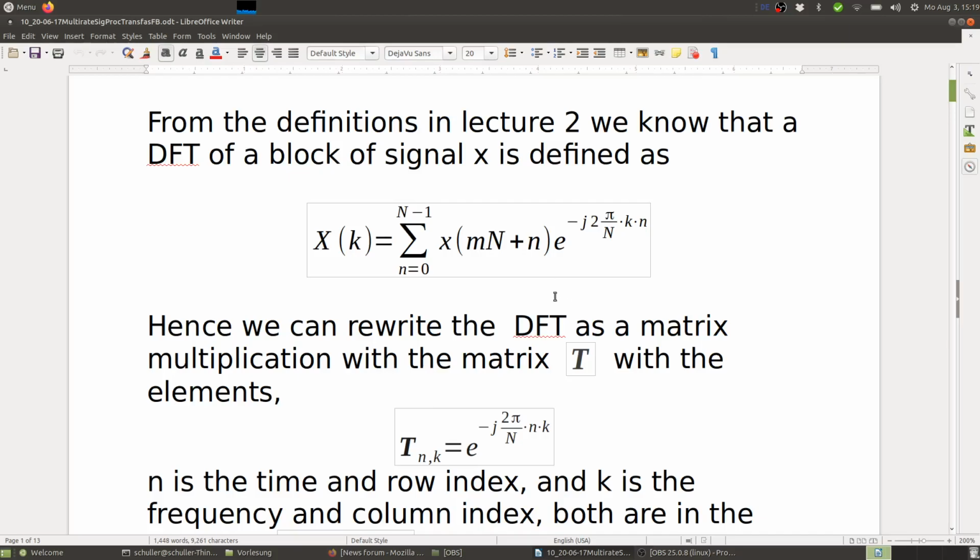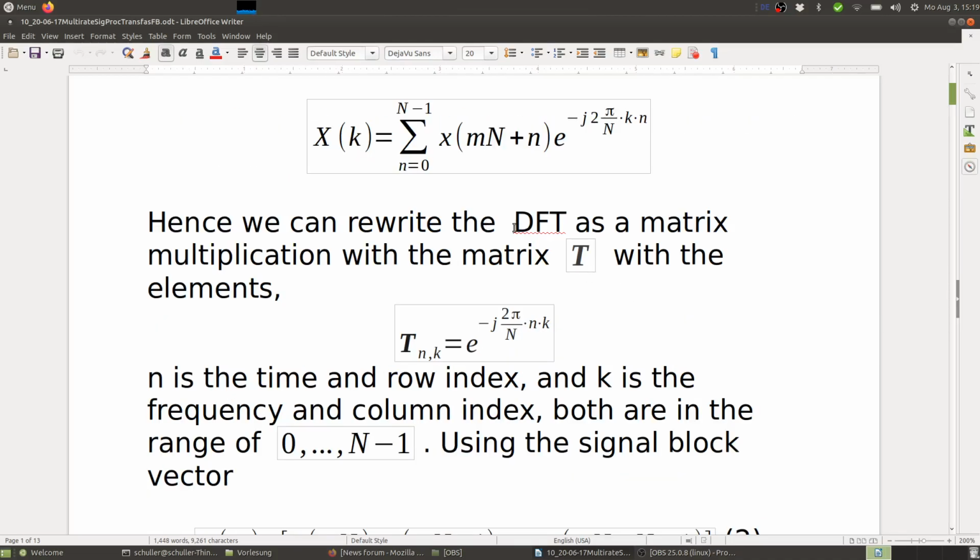This is basically the same as a matrix multiplication of a row vector x times this matrix, which is generated by this exponential function over k and n.